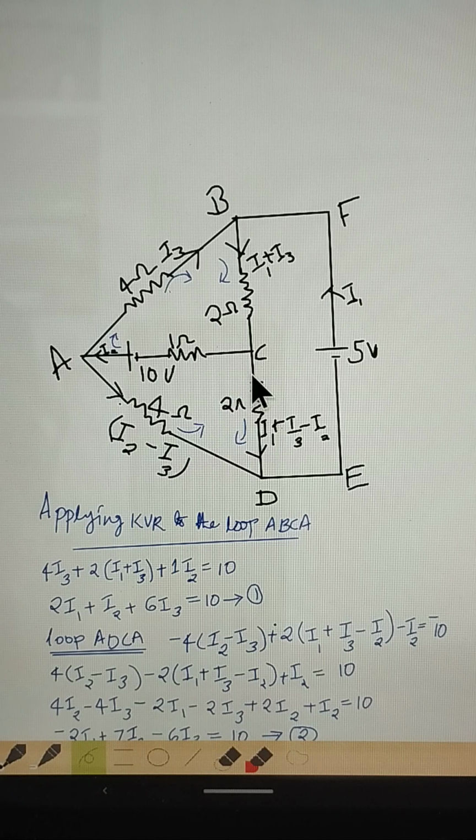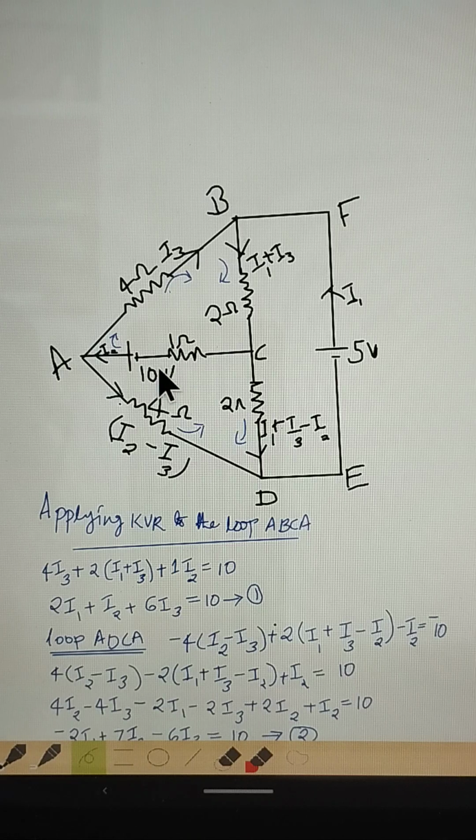Now here we have another resistor, and the direction of current through the 2 ohm resistor downward is opposite to the current coming from this 10 volt cell, which is sending current in this direction.